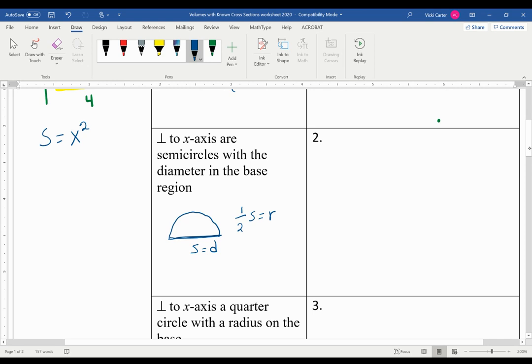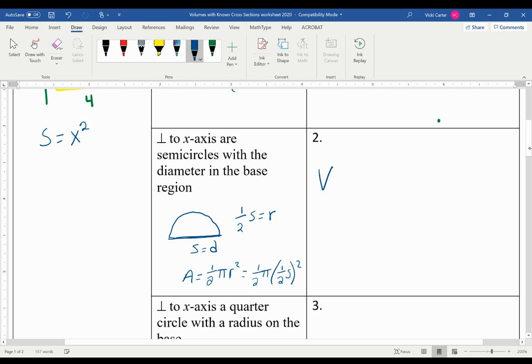So our area formula for a semicircle is 1/2 pi r squared, which of course will be 1/2 pi of 1/2 of S squared. Okay, remember yesterday we talked about the fact that you could leave it like that, or you could actually realize that 1/2 squared is 1/4 times 1/2 is 1/8.